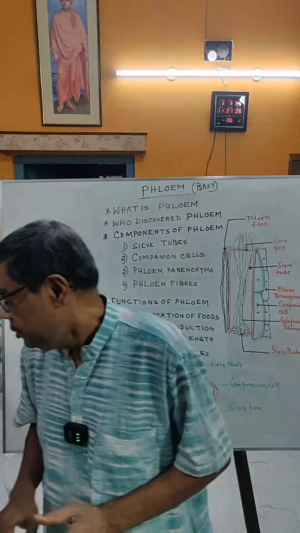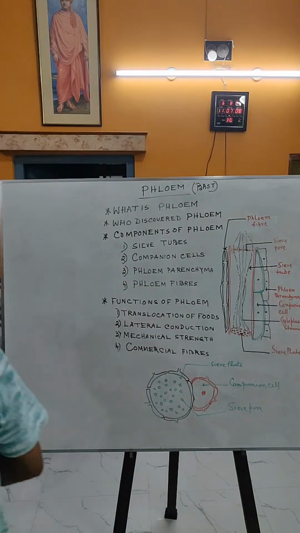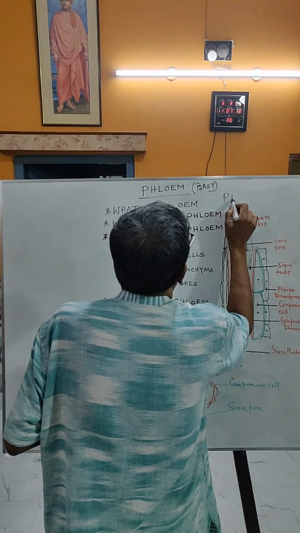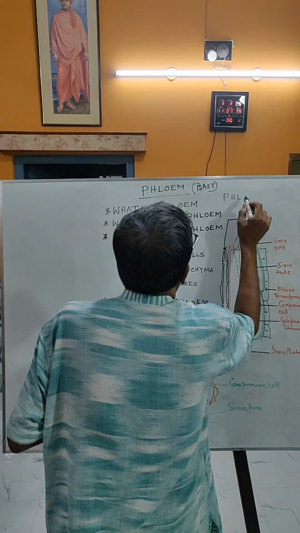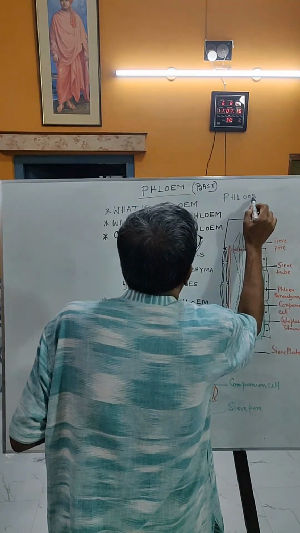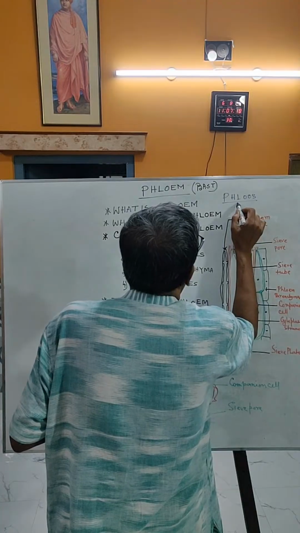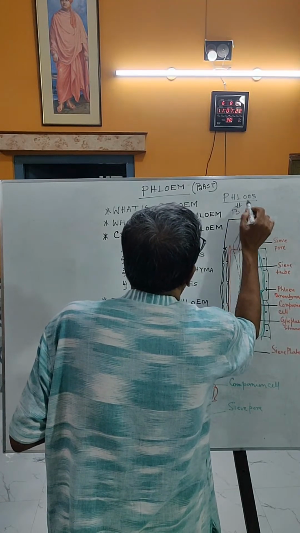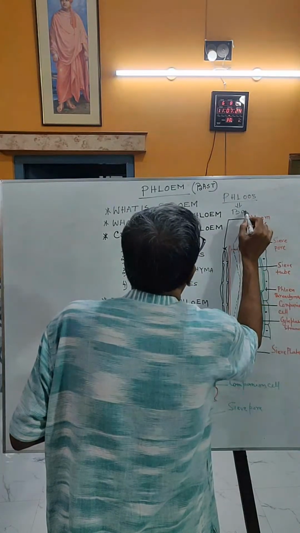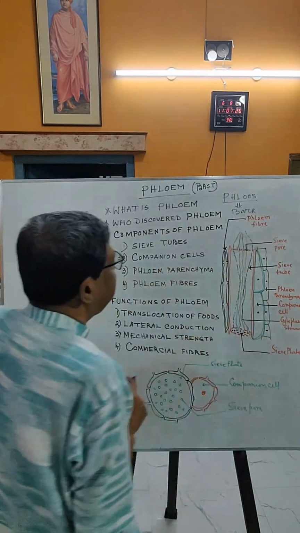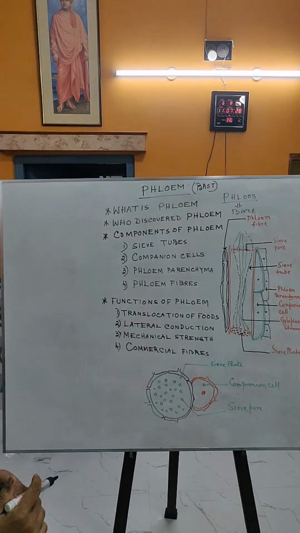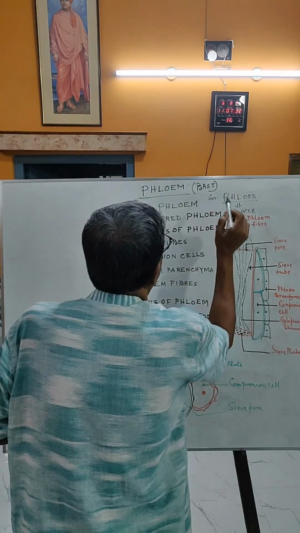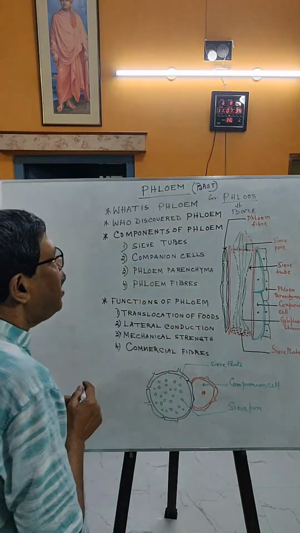The Greek word phloos, P-H-L-O-O-S, means bark. Greek phloos means bark.